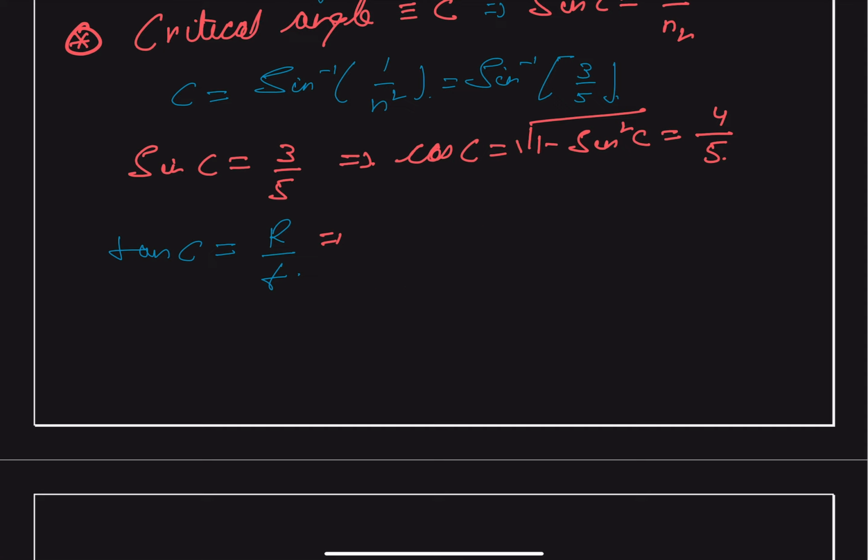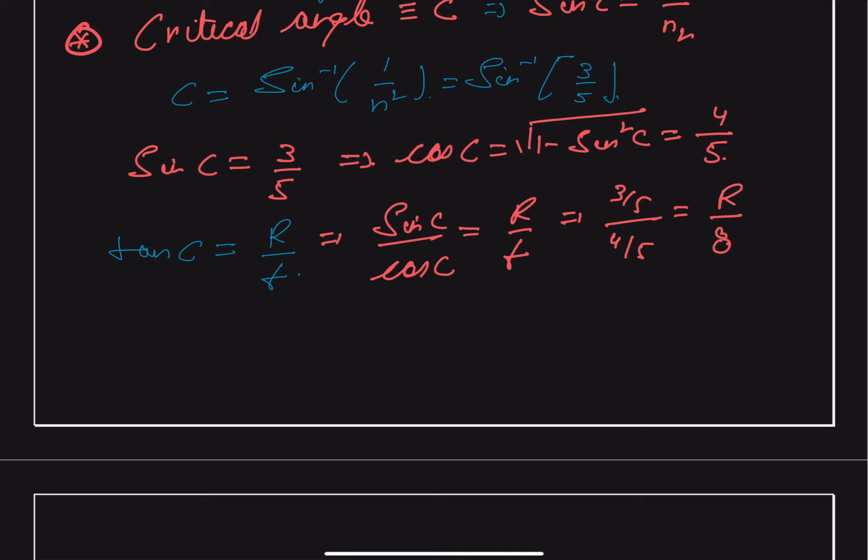You can write it as sine of C upon cos of C, and this comes as our R upon T. Sine C, cos C we already know, and we also know T. So sine C was our 3 by 5, cos C was our 4 by 5, and R we need to find out. T is our 8.